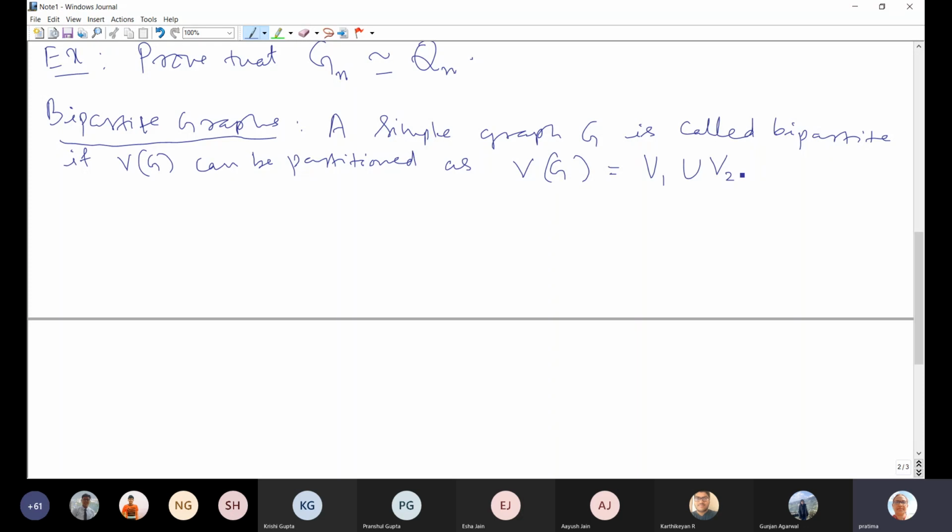Partition means you know that V1 intersection V2 is empty and their union is equal to the whole set, V1 union V2.